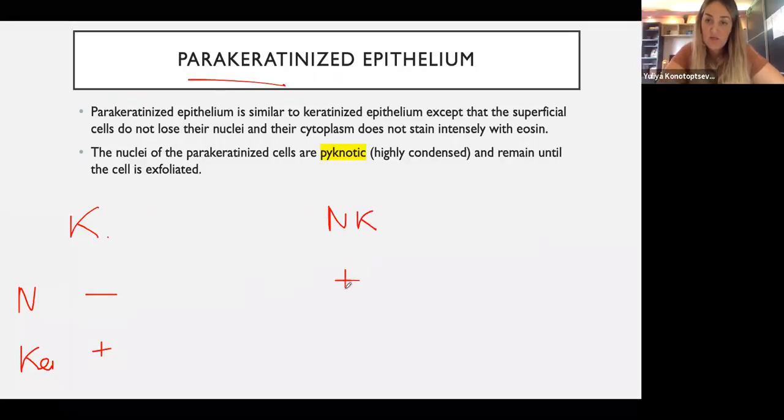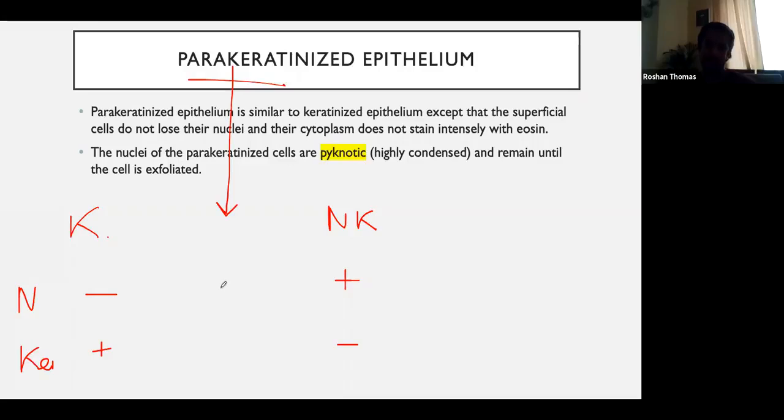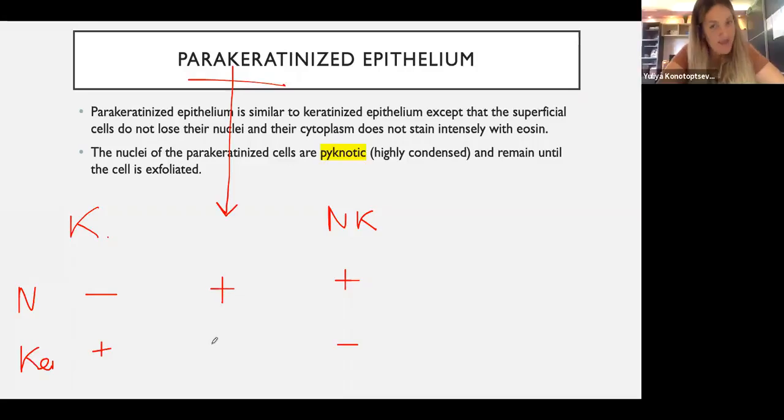Yes, it does. Does it have keratin in the superficial layer? No, it doesn't. So what do you think para-keratinized epithelium looks like? Has both. It has the nuclei and it has the keratin. This is a mix in between the two tissues.